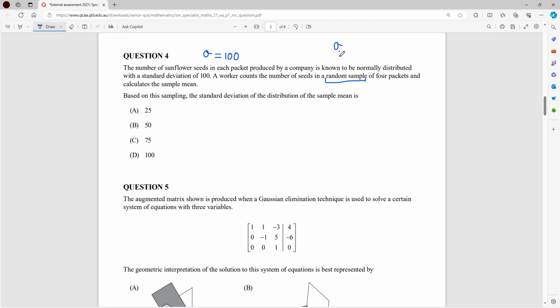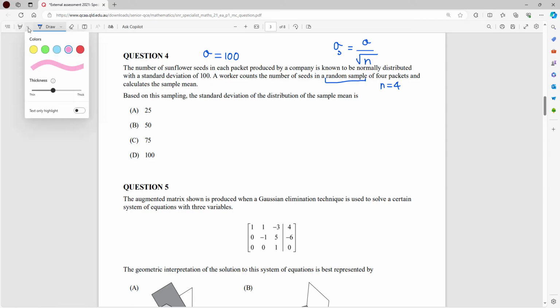So standard deviation of a sample is your standard deviation of your population over the sample size n square rooted, okay, of 4 packets. So that just tells me straight away n equals 4 and the calculation of the sample mean. Okay, based on this sampling, the standard deviation of the distribution of the sample is, okay, so literally you're being asked just to calculate this pretty much.